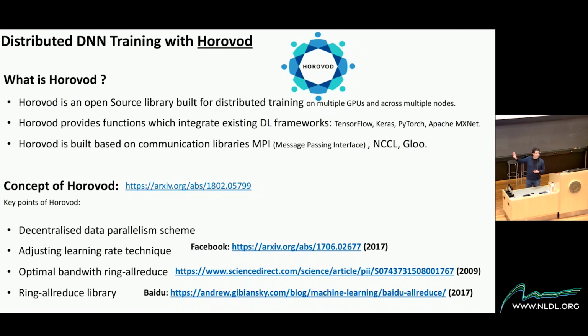This part is taken from the Facebook paper. The second part, which is really the key that makes Horovod very optimal and more suitable for large systems, is the bandwidth-optimal ring algorithm developed by this author here. Based on this algorithm, they developed a library that is available. So overall, Horovod is really based on these works.